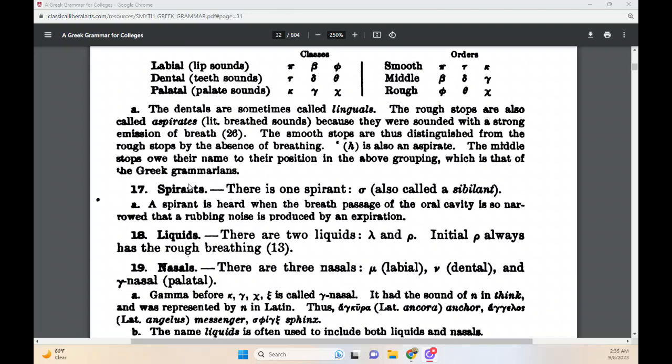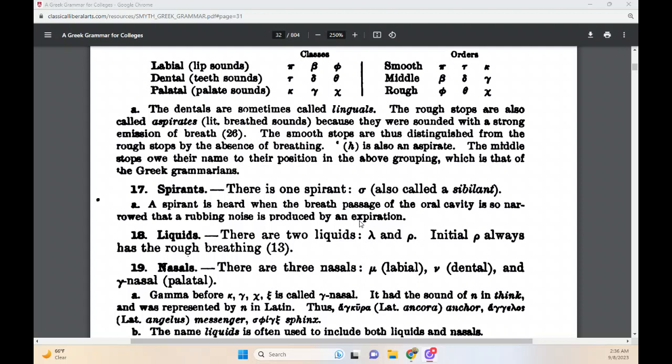Next we have the spirants. There is one spirant, the letter sigma, which also is called a sibilant. A spirant is heard when the breath passage of the oral cavity, that means the mouth, is so narrowed that a rubbing noise is produced by an expiration or by the breath.